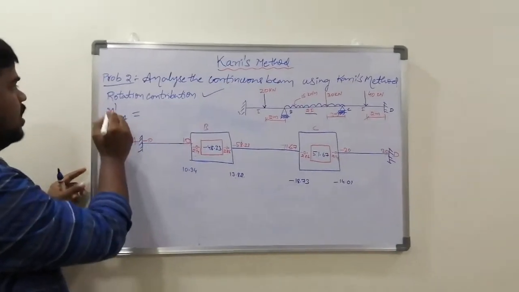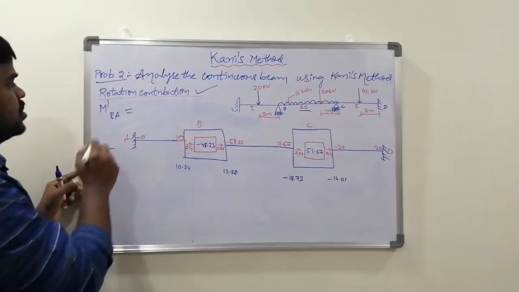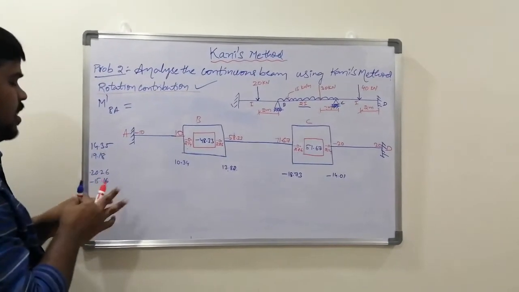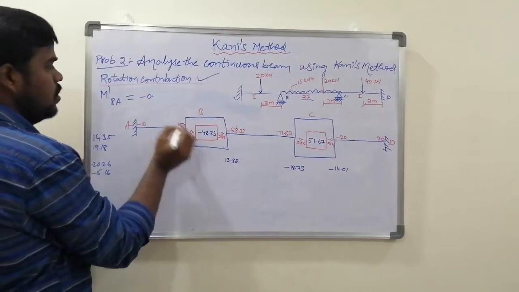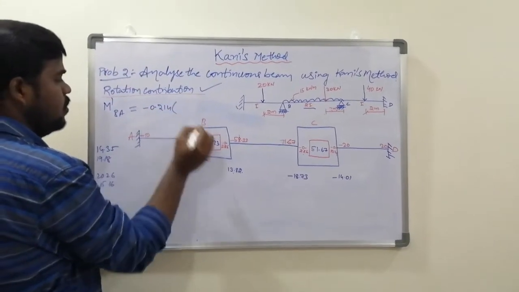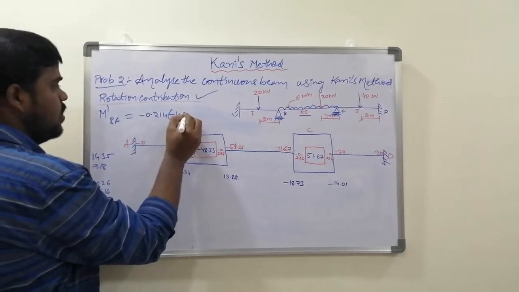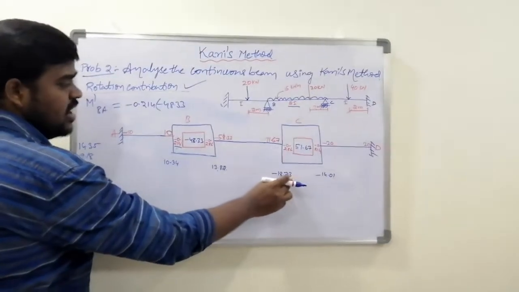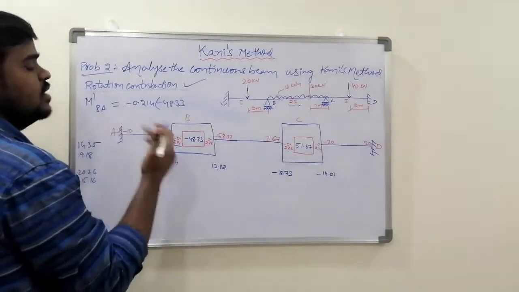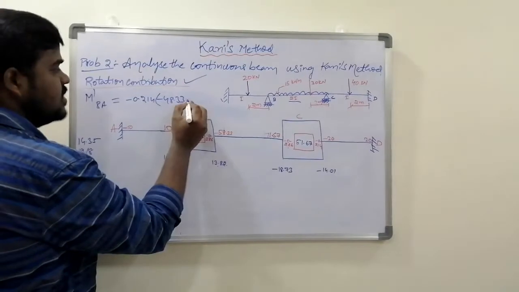For that I am writing again the rotation contribution of M bar BA. What we have done in a similar way: minus 0.214 into this minus 48.33, and now we have to take this minus 18.73 as the far end rotation contribution.